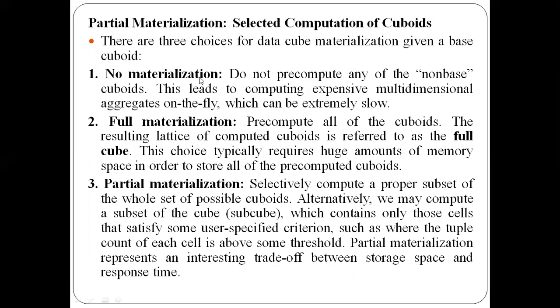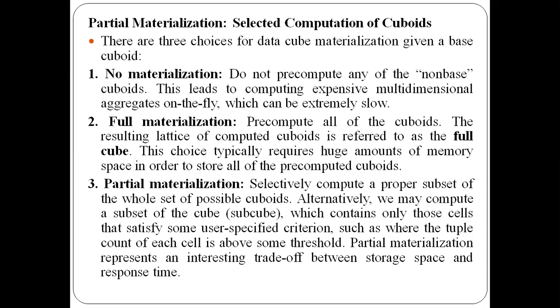And then, I told you about the different methods we have for materialization. The first one is no materialization. In case of no materialization, we will not pre-compute any of the cuboids. Only if the user requires the result of a cuboid, then we compute it on the fly.